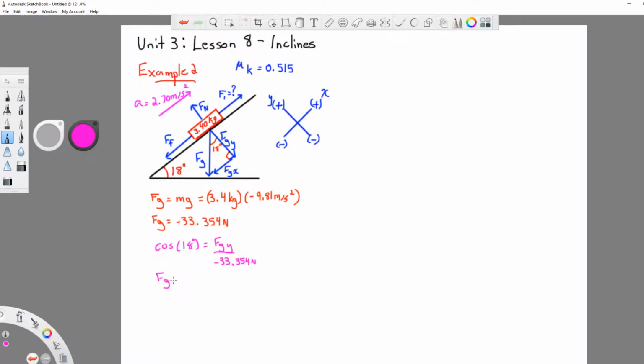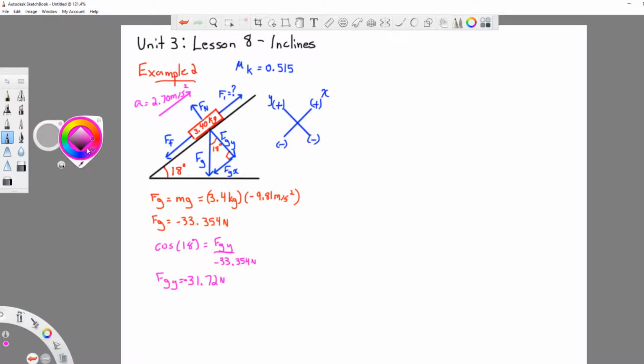So our FG in the y direction works out to 31.72 newtons. I'll even put the negative on here, implying that it is in a downward direction.